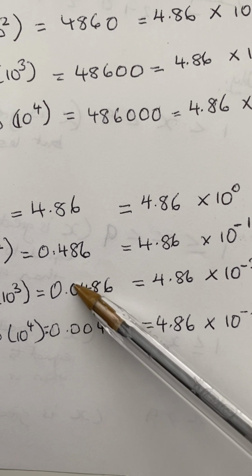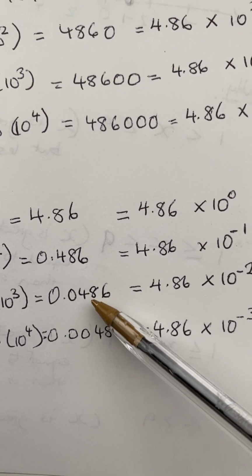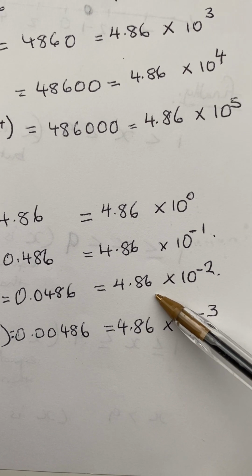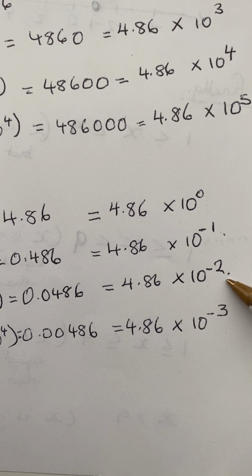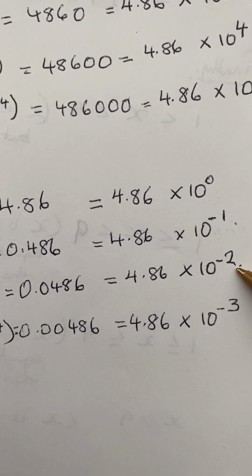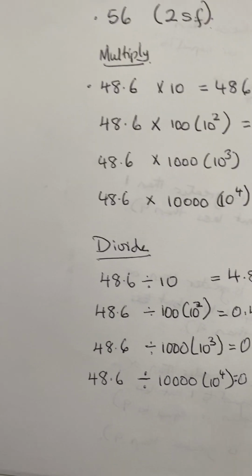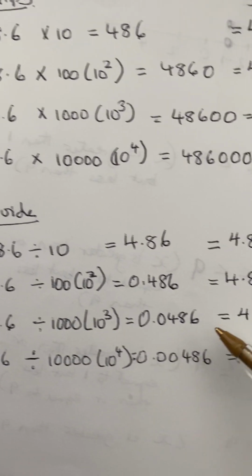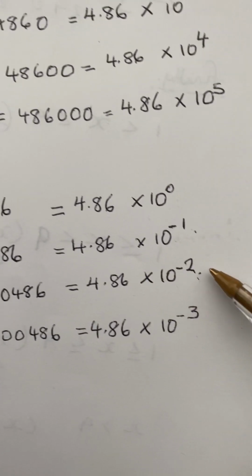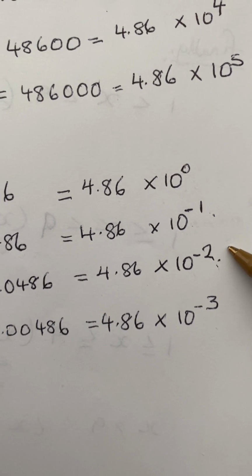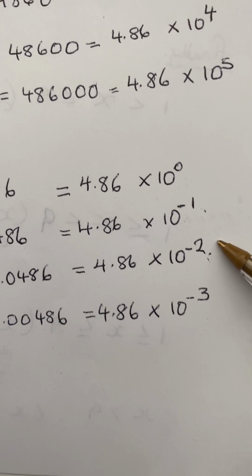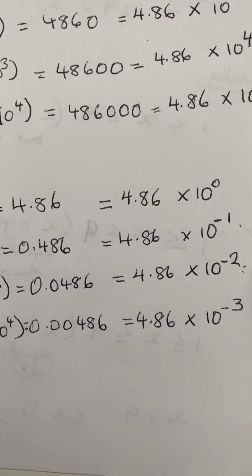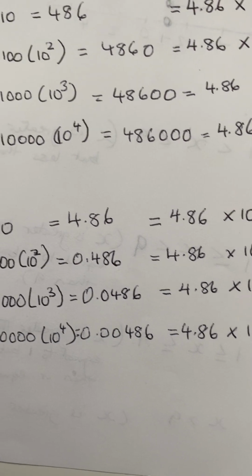So we have 1, 2. So 4.86 times 10 to the power minus 2 in the standard form. So we are dividing. Whatever we get, we put it in the standard form. We learned this standard form in one of the decimal lessons. Today is a recap lesson.